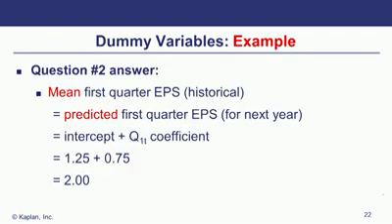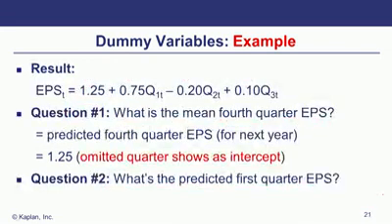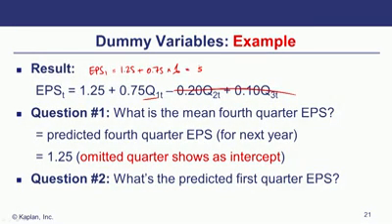Here's another question. What is the predicted first quarter earnings per share? Nothing easier than that. In the first quarter, EPS 1 will be equal to the intercept of 125, that's like a constant that never changes, plus 75 times 1, because we're in the first quarter, we set that to 1, we set everything else to 0, so the result is $2.